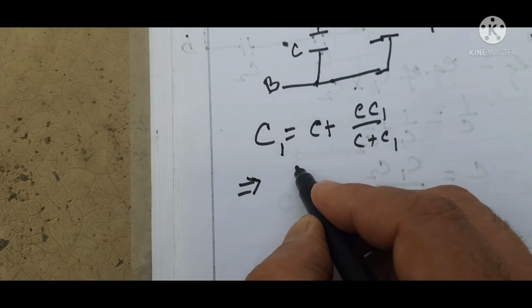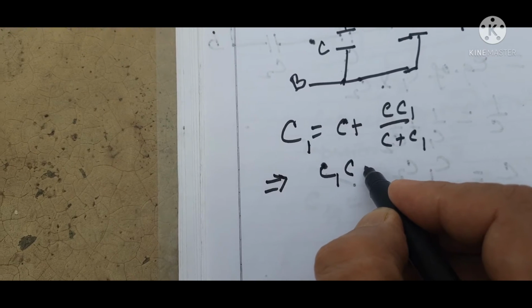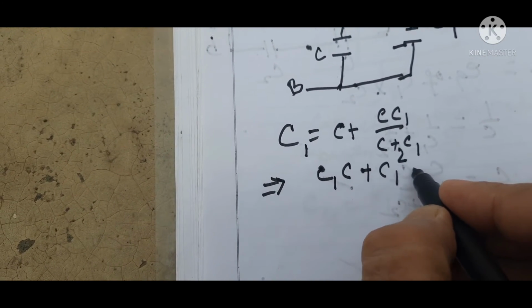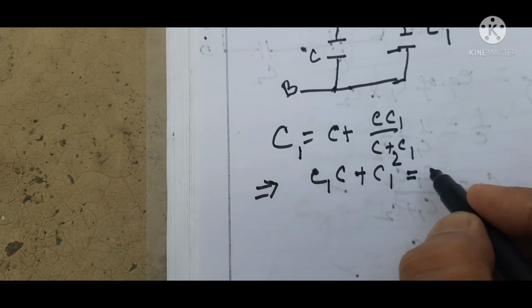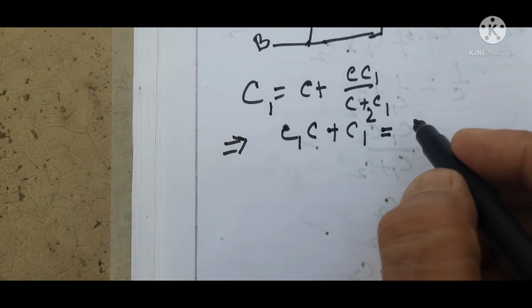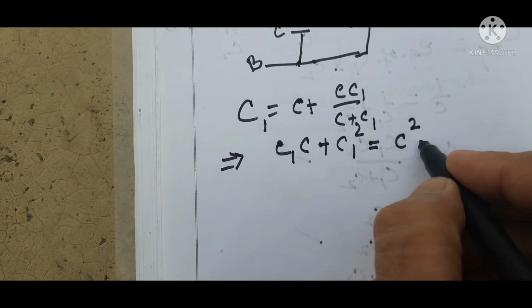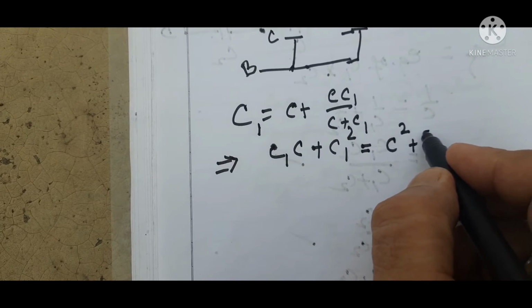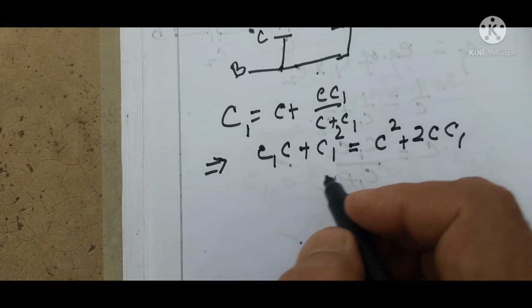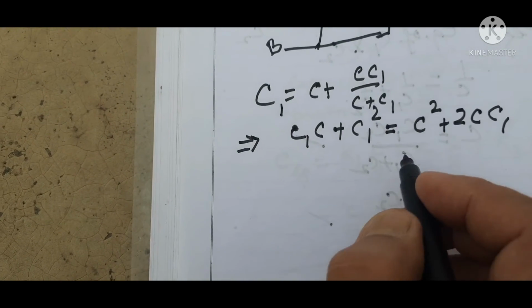How much are we getting? C1 C plus C1 square is equal to C square plus 2 C1 C. Take the LCM and then multiply, and you will get it.